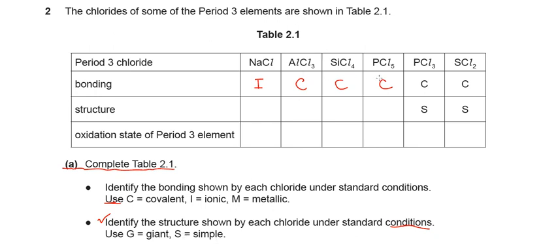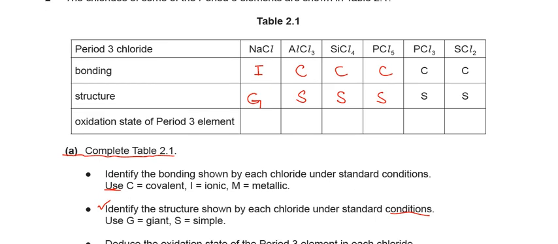So all the covalent molecules we can see are simple, and the ionic compounds are always giant. So we write G for sodium chloride. For all of these covalent ones, we have to write S for simple. Only structures like graphite and diamond are giant, not all.